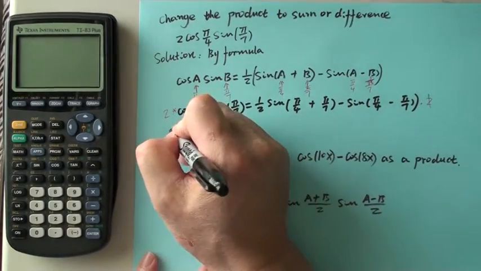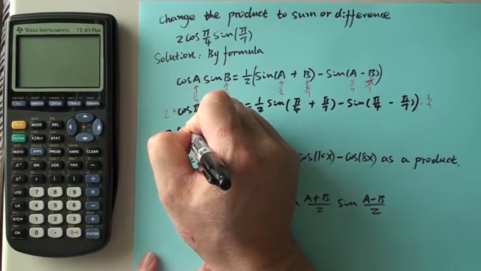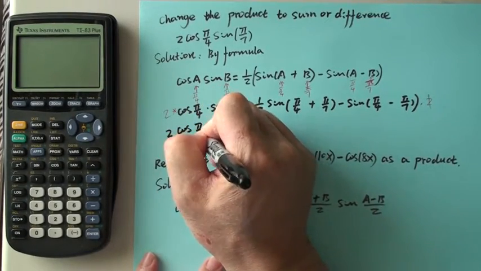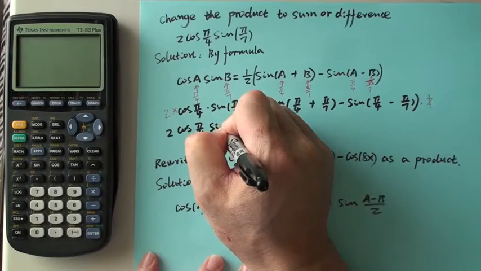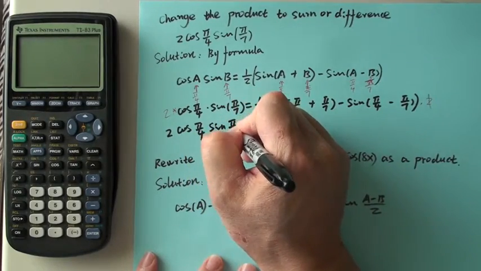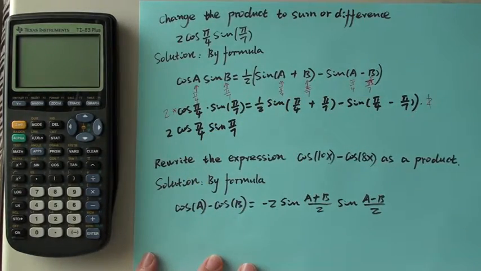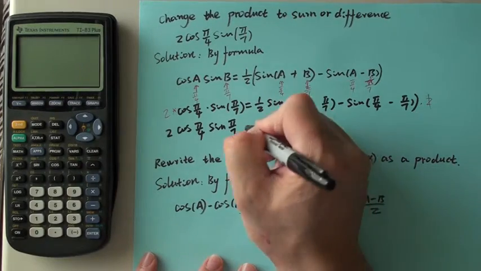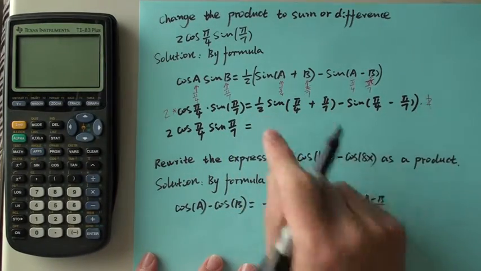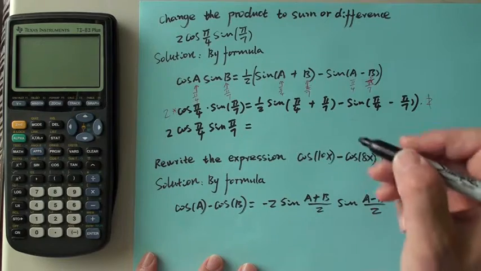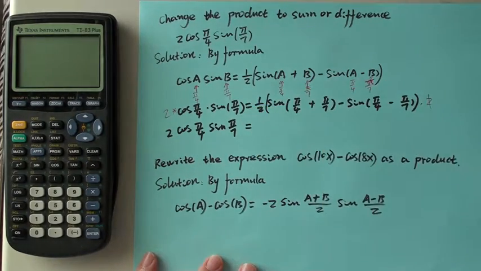So the left hand side is 2 cosine pi over 4 sine pi over 7. On the right hand side, the 2 cancels. I should have a parenthesis here.